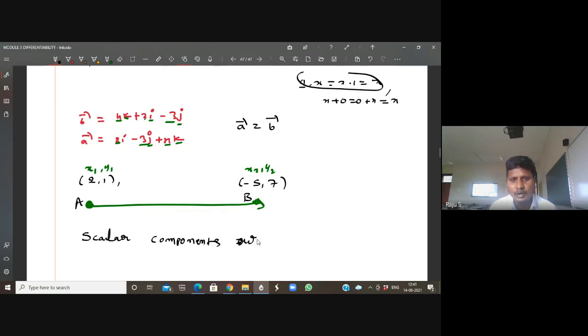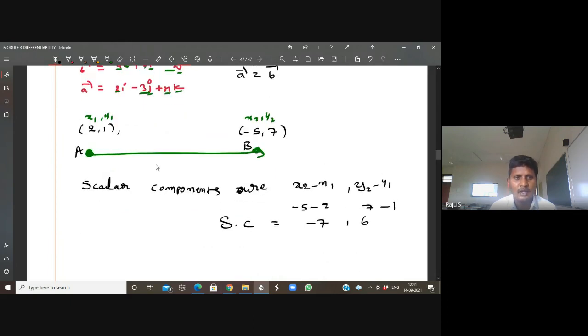Scalar components are x2 minus x1 comma y2 minus y1, that is minus 5 minus 2, 7 minus 1. Minus 5 minus 2 is minus 7 comma 6. So minus 7 comma 6 are the scalar components.